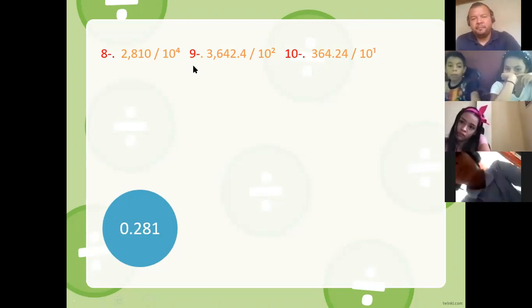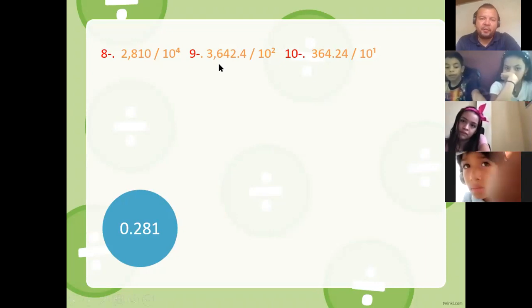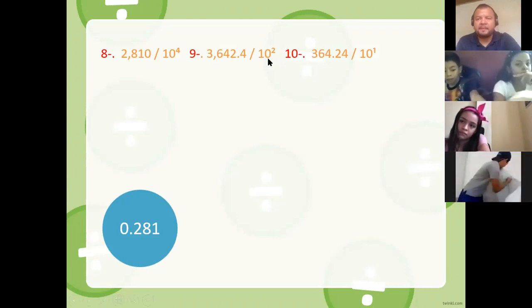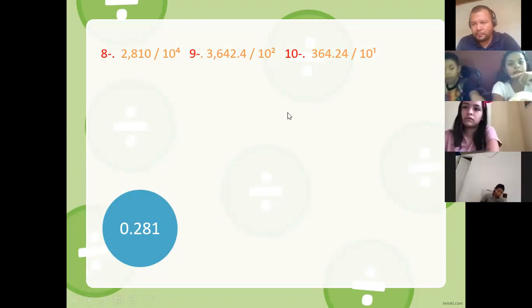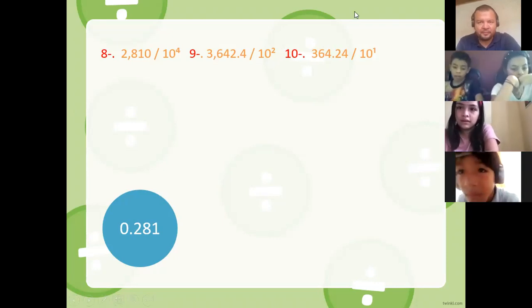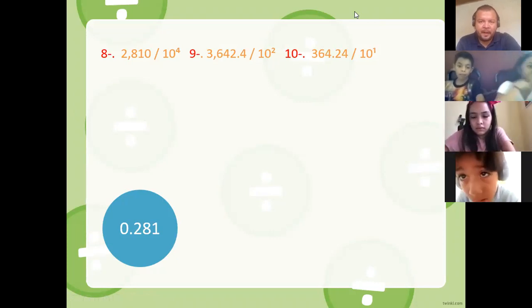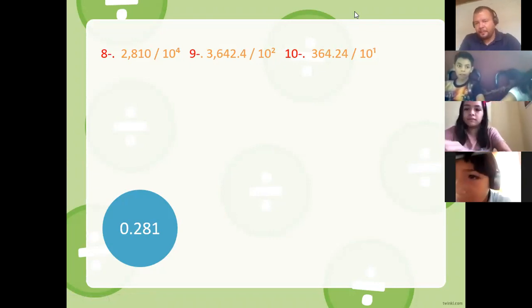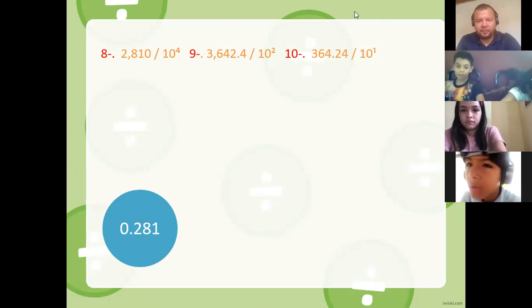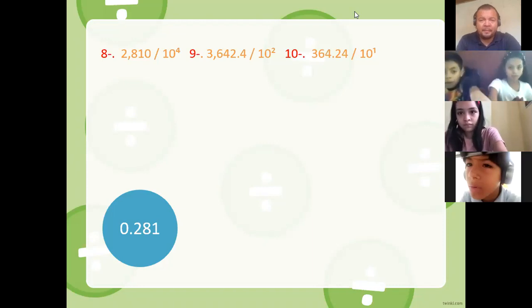Number 9: 3,642.4 divided by 10 exponent 2. What is the answer? A lot of you are writing on the chat. Some said 36.42, others said 36.424. A student said we have 9 minutes left. Yes, I know, we're going to finish this.